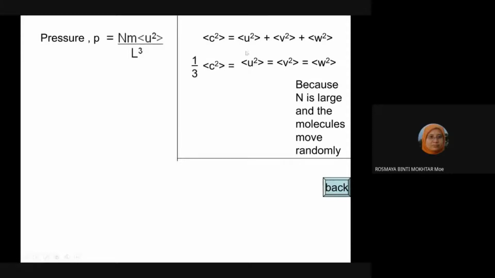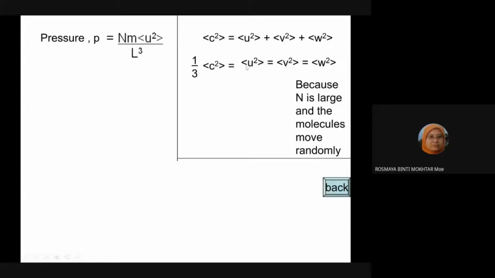So they become 1/3 of the mean square speed C, the general value of speed of the molecule. So this one plus this one plus this one, 1 plus 1 plus 1 is 3, so we bring it to the right side and it becomes 1/3.